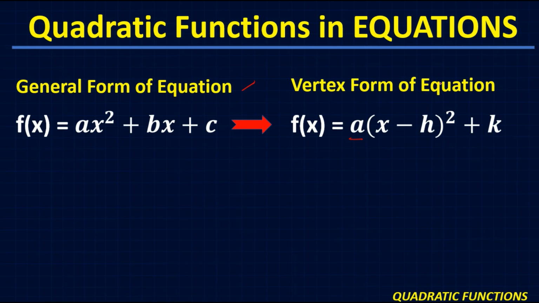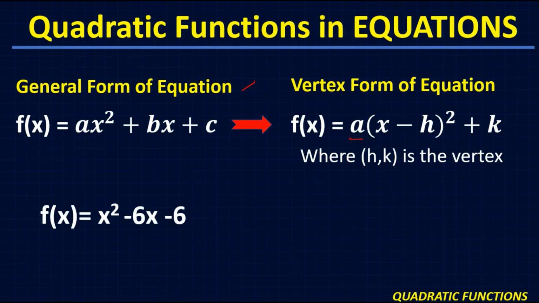In vertex form of equation, there is a vertex point that is present in this equation, which is represented as h comma k.